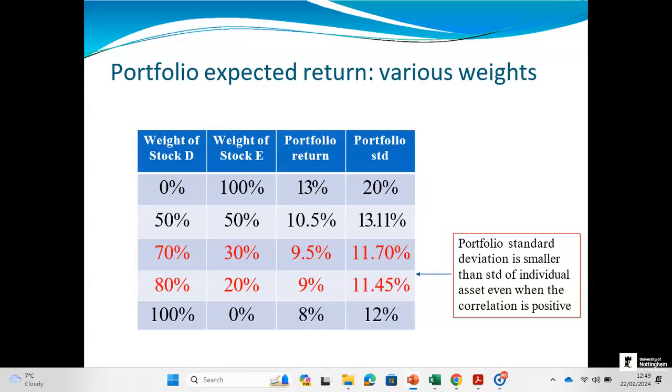So here, using the same weights as I showed you earlier with respect to calculation of portfolio returns, I have added another column that shows you the portfolio risk, right?